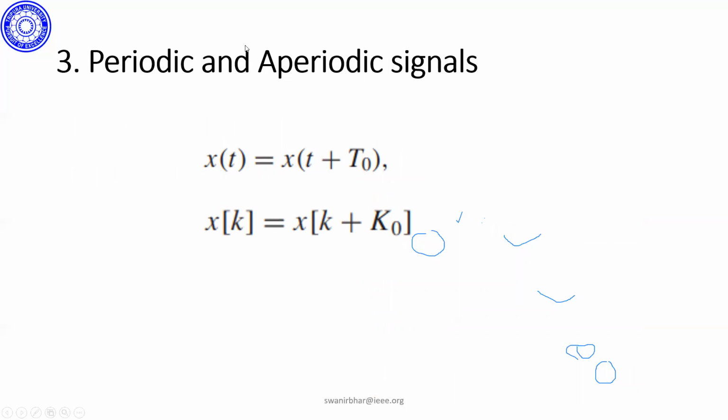Now here we have periodic and aperiodic signals. Periodic signals are signals that repeat after a particular time period t0, and if it is a discrete version, it repeats after a discrete sample k0. Periodic signals have a relation with the fundamental frequency, in the continuous signal and in the discrete signal.